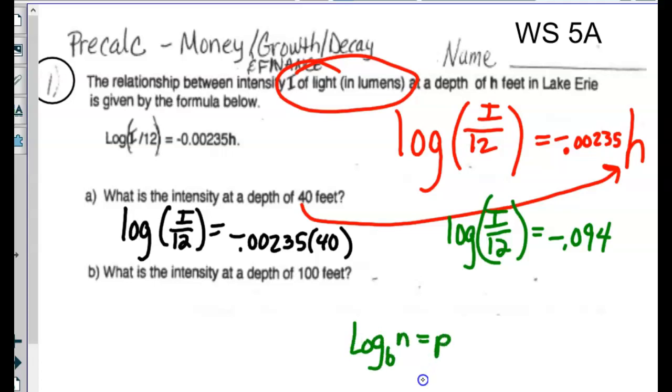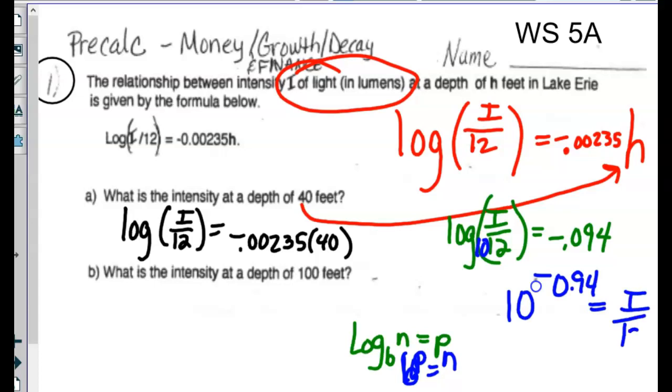Remember the little video? So what is the b right down here? It's log, so it's base 10. So it's 10. So it's base to some power equals the number, right? So it's this base to the power of blank equals I over 12.